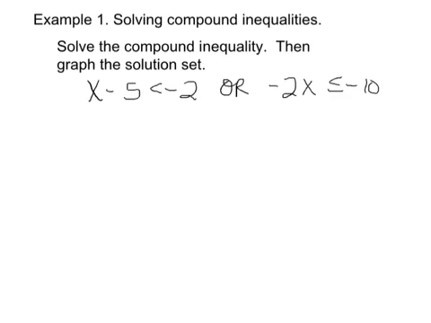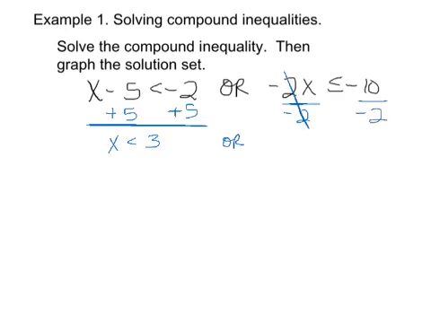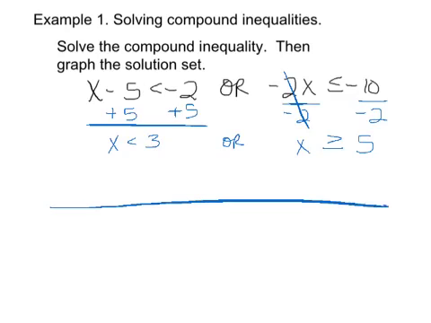Solve the compound inequality, then graph. We have another or statement. Add 5 to both sides. You're left with x less than 3. Or divide both sides by -2. What do you do when you divide by negatives? Right, switch the inequality. Let's graph it.